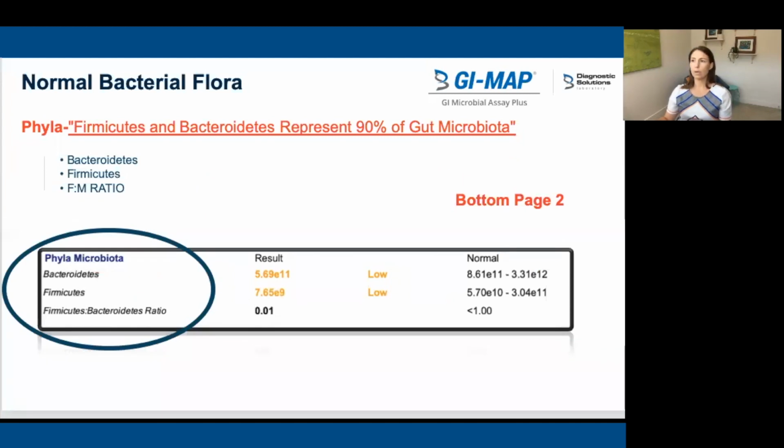So how do we analyze our overall state? In the next lecture I'm going to go over more specific species, but how do we analyze the overall state of our commensal bacterial flora? On page 2 at the bottom, you will see the phyla microbiota listed. 90% of our gut microbiota falls into these two phyla, the Firmicutes and the Bacteroidetes.